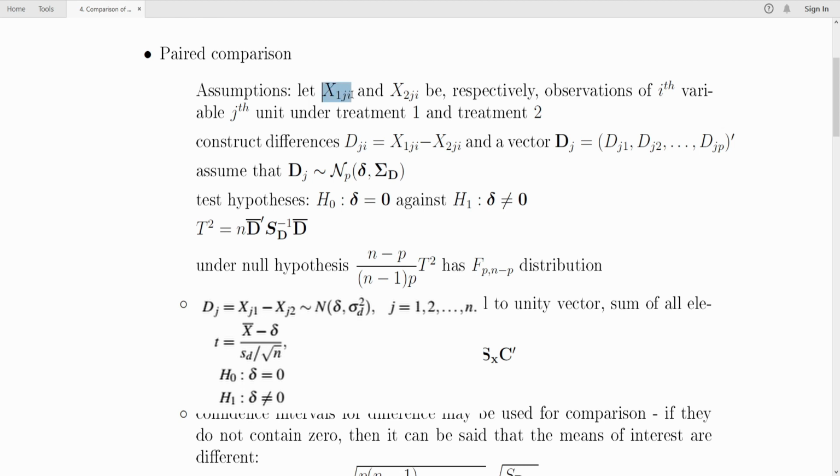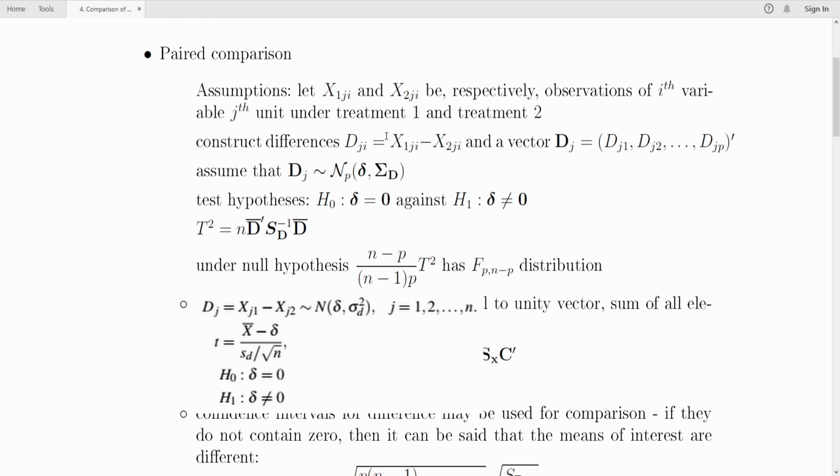Because we had only one response in the univariate case, we had only X_j1 and X_j2, and then we just compute the differences, X_j1 minus X_j2, for each j, so for each observation, trial or unit. For each pair, we compute the difference.